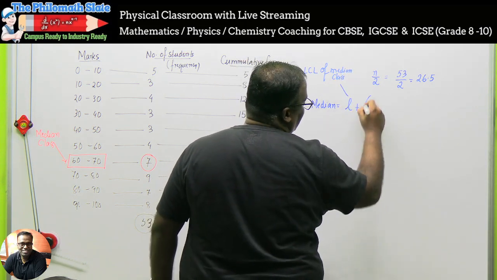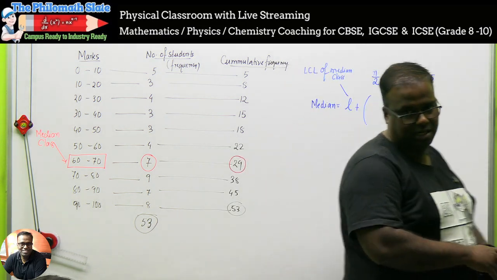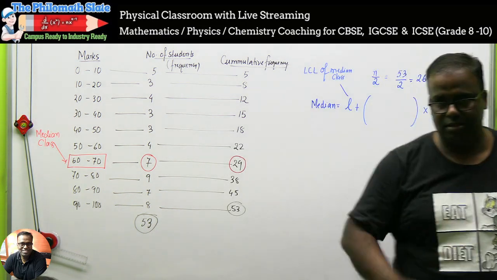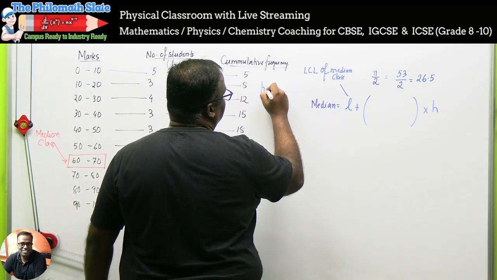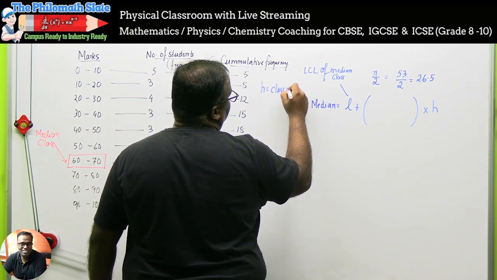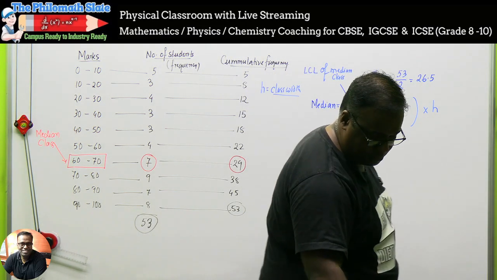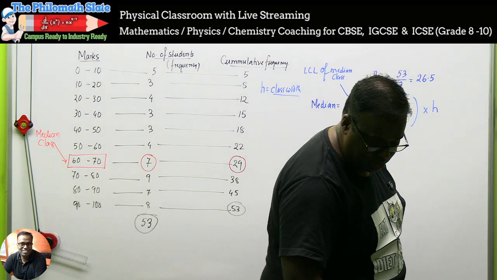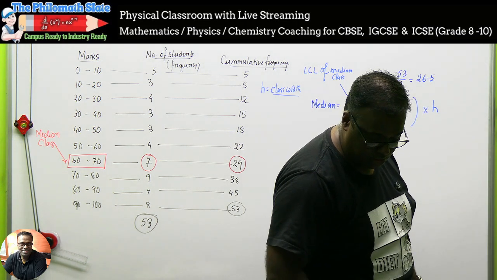With this we will add some blah blah and we will be injecting the vaccine later on. H. What is the vaccine? The vaccine H is the class width. Are we fine?